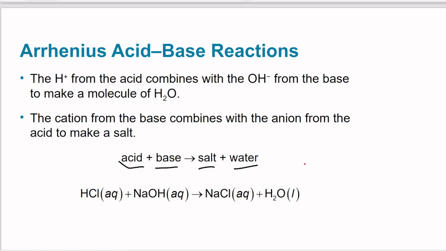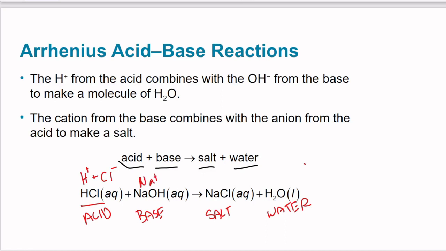And here we have an example: an acid, HCl, plus a base, NaOH, yields a salt, which is sodium chloride, plus water, H2O. And how does that happen? If we separate the ions, we have H+ plus Cl- from the HCl.